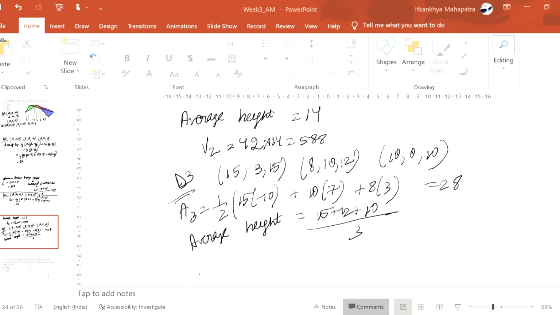Now total volume is equal to V1 plus V2 plus V3. Now when we are solving this, it is 378 plus 588 plus 308. This will be 1274, which according to the options given, 1311 is the closest.